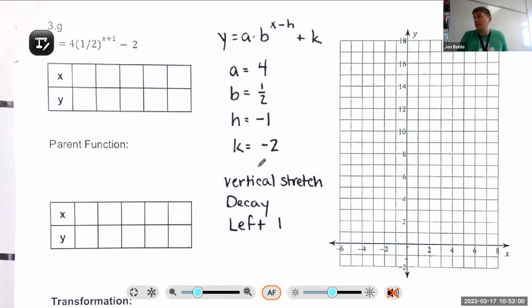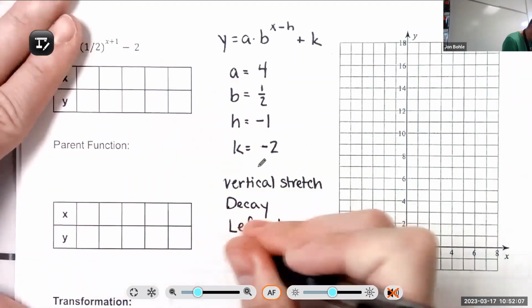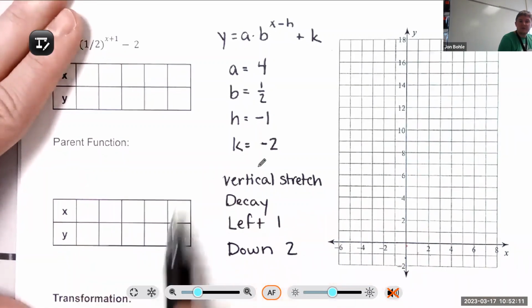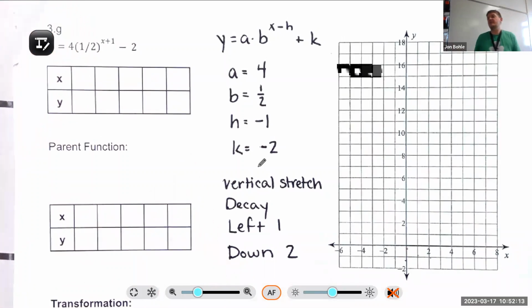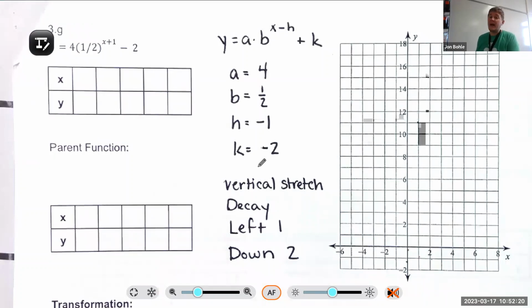If it's +1, go to the right one. K value -2, what's that going to do? Down 2. All right, folks, you know what we just did? We just made it so we do not have to do this parent function at all, because we already identified the transformations. Once you get used to this, you're going to save yourself some time by not having to do the parent function.